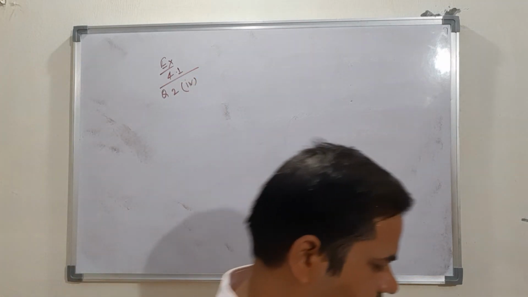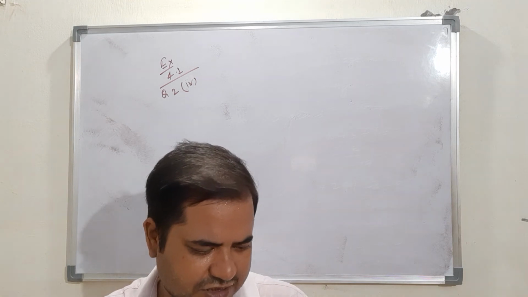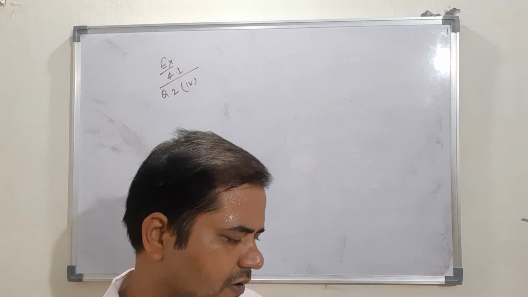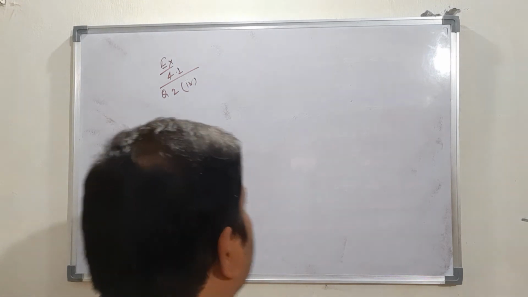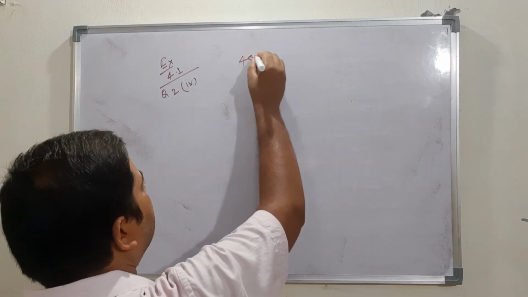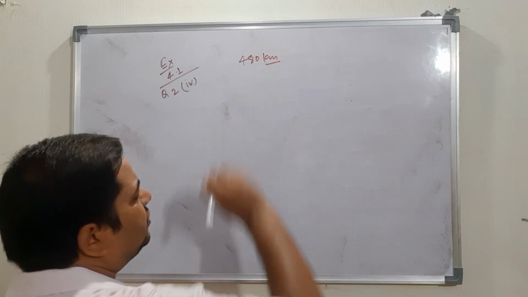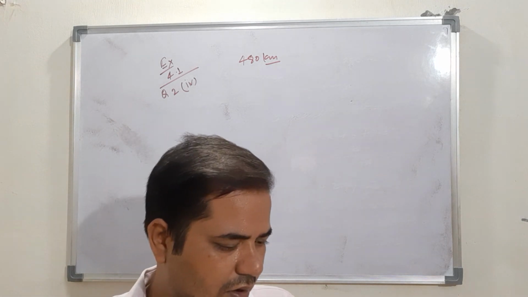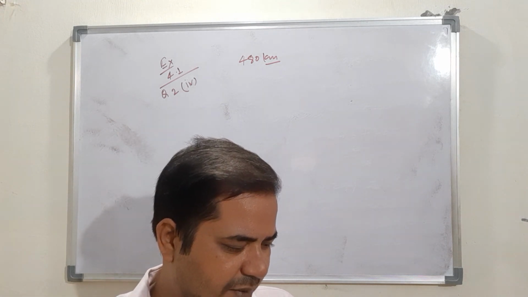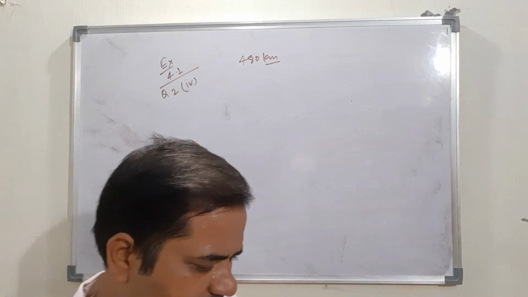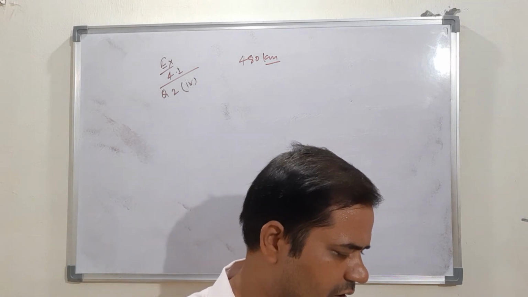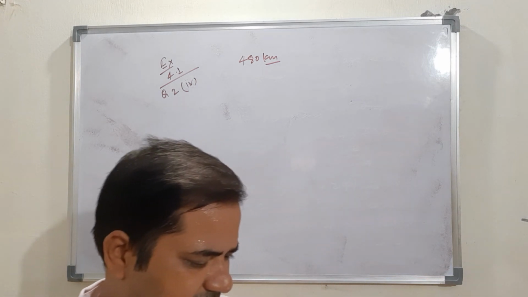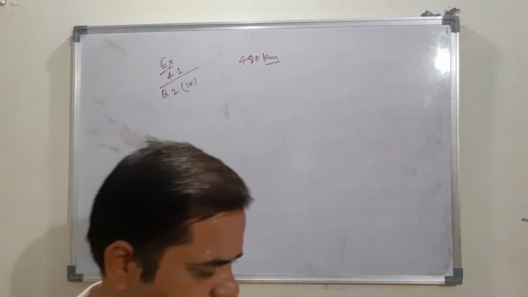A train travels a distance of 480 km at a uniform speed. If the speed had been 8 km less, then it would have taken 3 hours more to cover the distance.